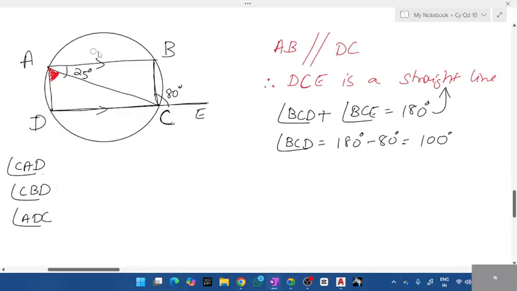Okay, look at your students. What is CAD? How did you all find? 100 degrees. If BCD is 100, yeah, Yusra, which formula did you apply to find CAD?